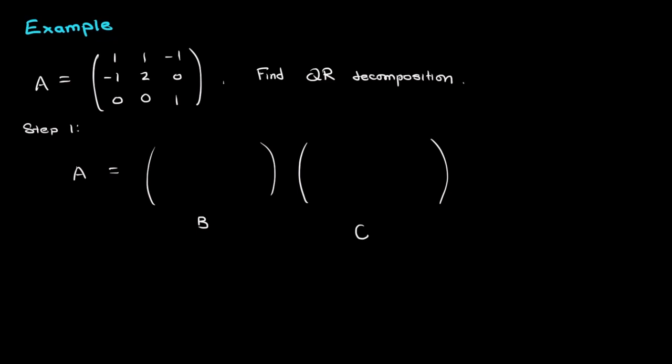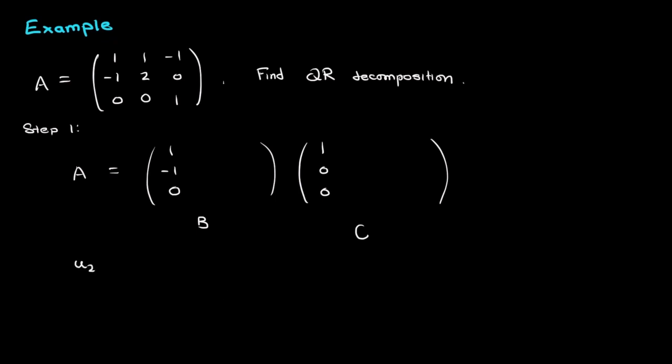As it has been throughout this whole video, B will be a matrix whose columns are those outputted by Gram-Schmidt when we input the columns of A. Because U1 is equal to V1 for Gram-Schmidt, the first column of B will just be the first column of A, 1, negative 1, 0. And the first column of C will be 1, 0, 0, corresponding to the fact that the first column of A is 1 of the first column of B plus 0 of the second column of B plus 0 of the third column of B.